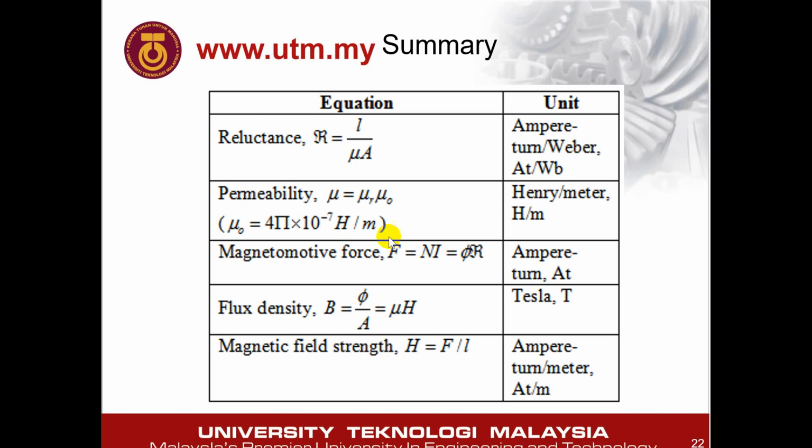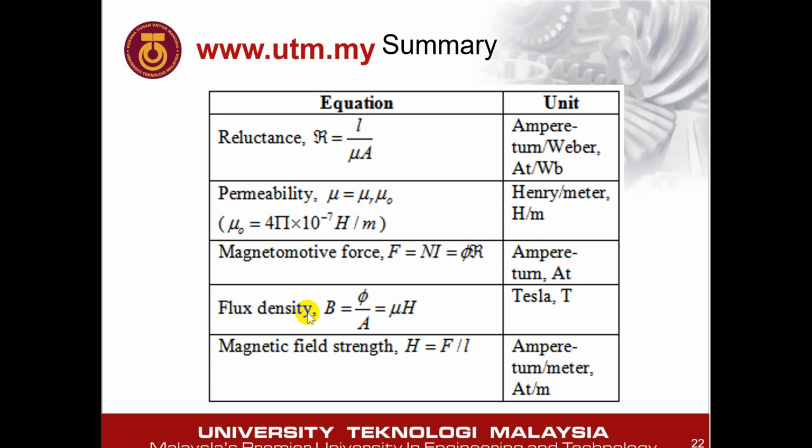Either you can remember this or check your calculator. The unit is Henry per meter. Magnetomotive force F equals Ni or flux times reluctance, so you can use either way. The unit is ampere turn, AT.